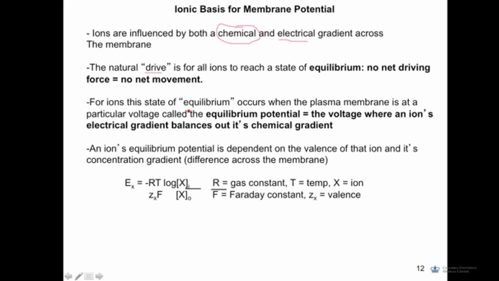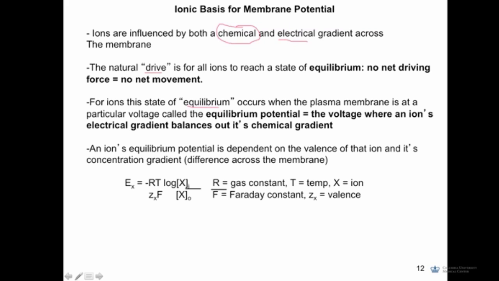So this equilibrium, when you're talking about an ion that has both a concentration gradient and an electrical gradient, for this equilibrium to happen, basically the chemical gradient and the electrical gradients have to be equal in size but pointed in opposite directions. Okay?